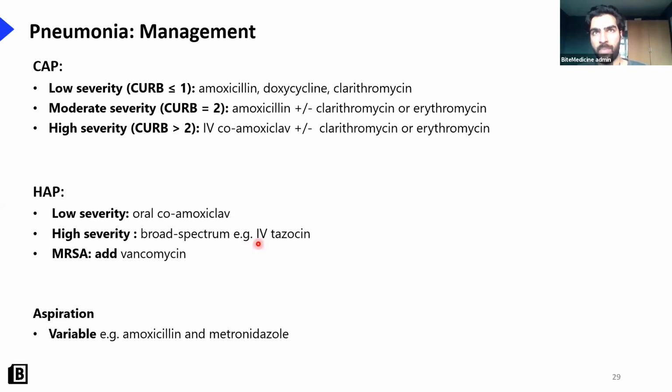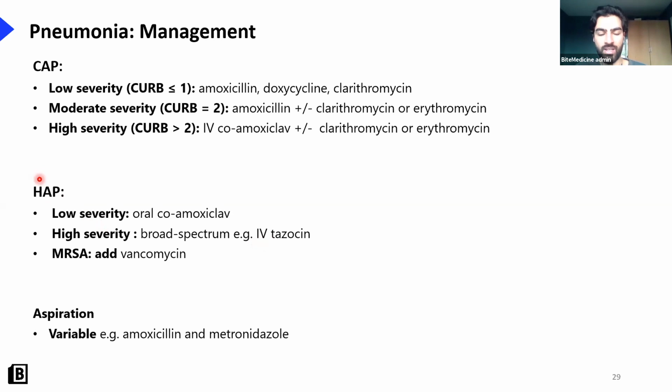So going back to that picture that I showed you at the beginning, Tazocin sort of spans a large part of the diagram and covers a lot of bacteria. Because remember, the reason you need something broad spectrum in hospital-acquired pneumonia is because it can be caused by a number of bacteria.